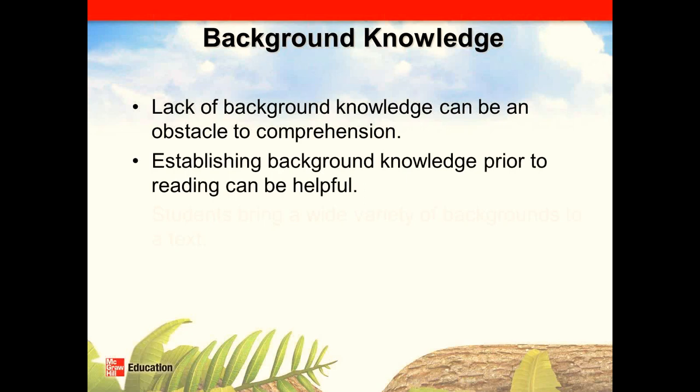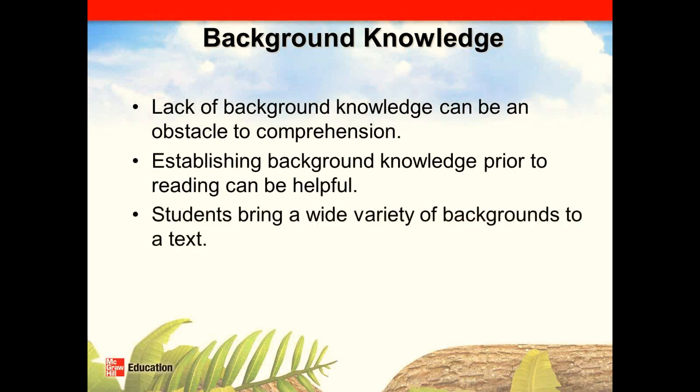They're going to bring a very wide set of backgrounds to a text, and it is critically important that the teacher pay attention to that and give pre-reading support when it's needed and trim it down to as little as possible when it isn't needed. And so how you start out a story or article might differ from lesson to lesson, which is quite appropriate.